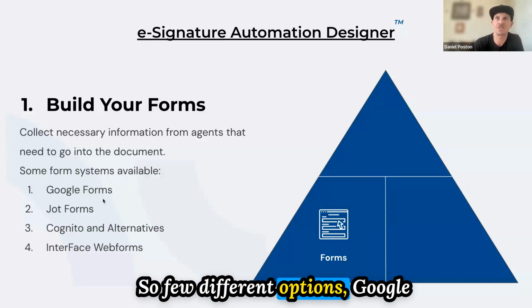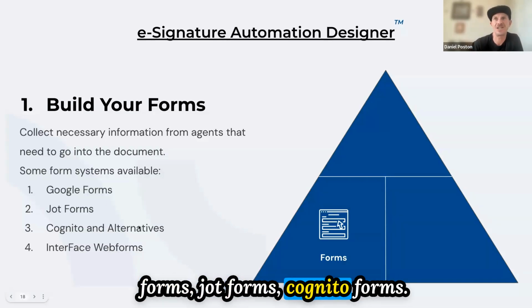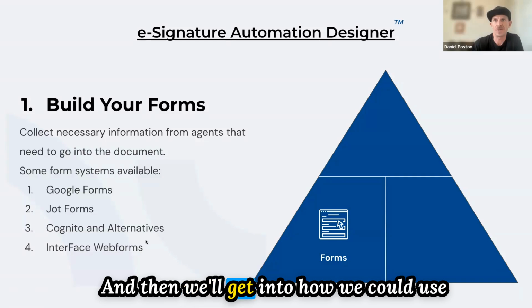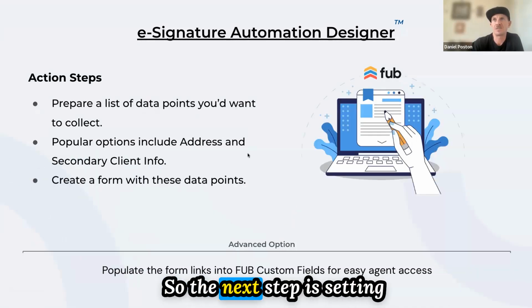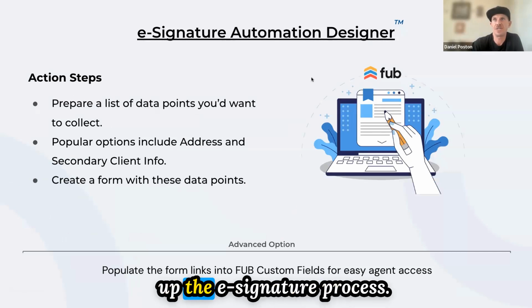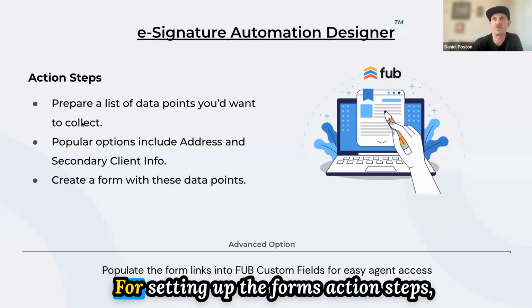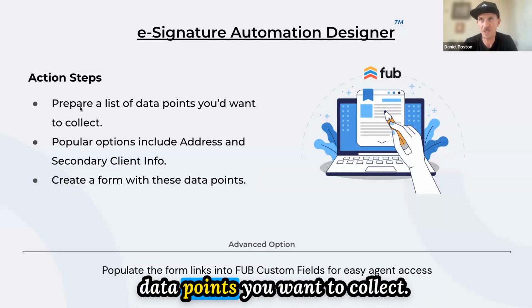So a few different options: Google Forms, Jot Forms, Cognito Forms, and then we'll get into how we could use our interface web forms a little later. The next step is setting up the e-signature process. For setting up the forms action steps, first you need to prepare a list of data points you want to collect.